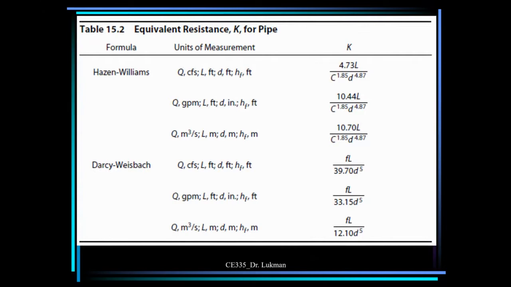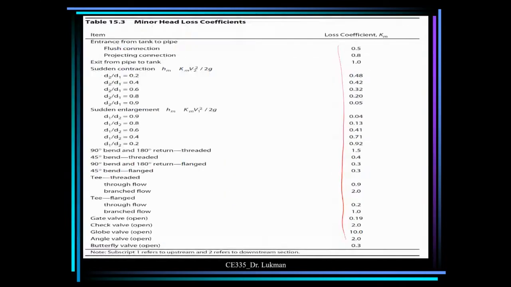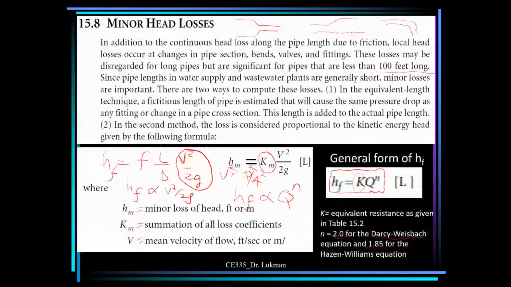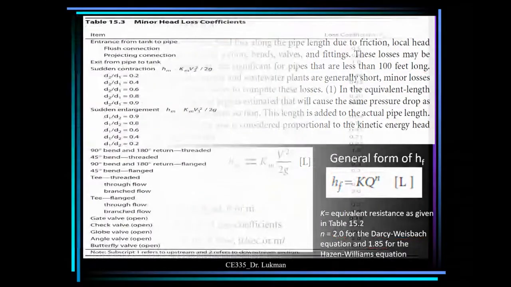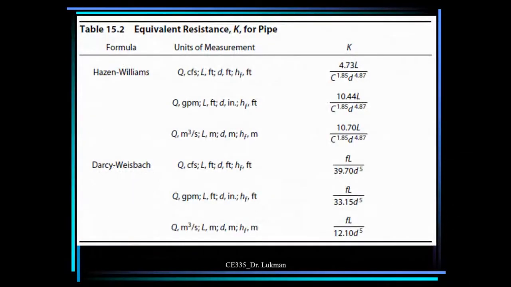Now for K, you see here, this is the K, which is the equivalent resistance from the general head loss formula due to friction. So the equivalent resistance K for pipe has the following units of measurement. Depending on the units of measurement, you use this. For Darcy-Weisbach, if you're using the SI unit, you use this. For Hazen-Williams, if you're using the SI unit, you use that.